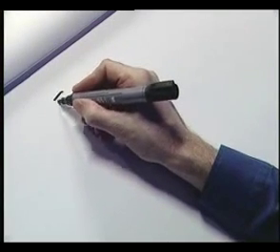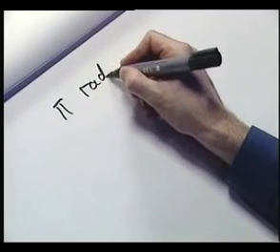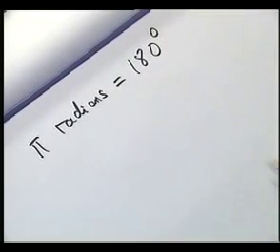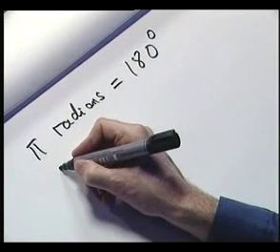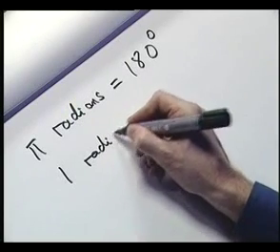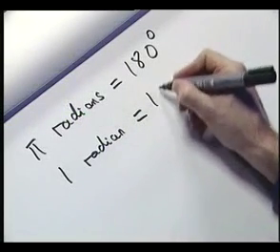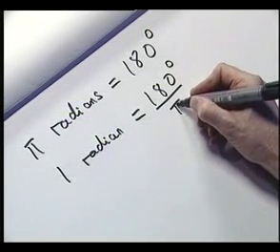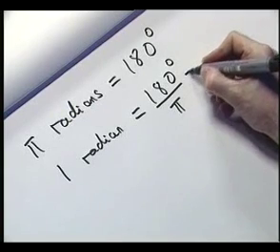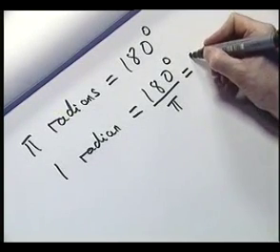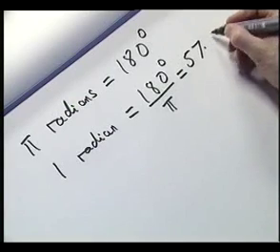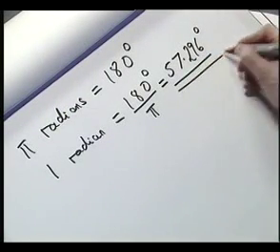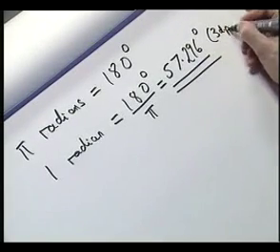So 1 radian must be 180 degrees divided by pi. And if we use a calculator to do that, we find that the answer is 57.296 degrees to 3 decimal places.